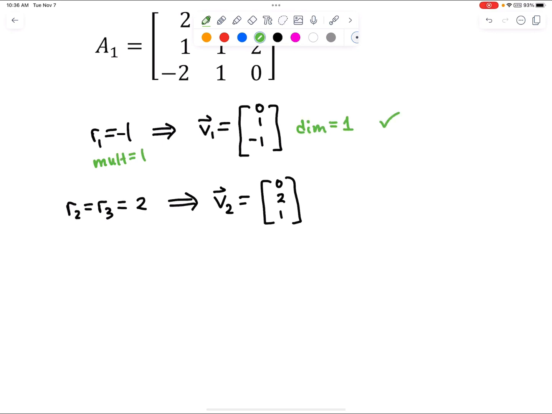So this eigenvalue poses no barriers to the diagonalizability of the matrix. But for the second eigenvalue, this is where we have the issue. The multiplicity is 2, but the dimension of the eigenspace is still only 1. So this eigenvalue prevents this matrix A1 from being diagonalizable.